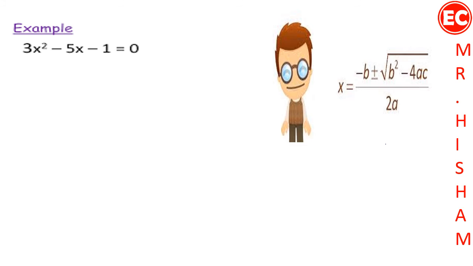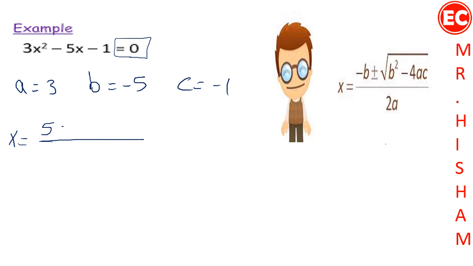Let's check your answer. A is equal to 3, b is equal to negative 5, and c is equal to negative 1, since the equation is arranged and equal to 0. So x is equal to 5 plus or minus the root of b squared, which is 25, minus 4 by 3 by negative 1, divided by 2 by 3.